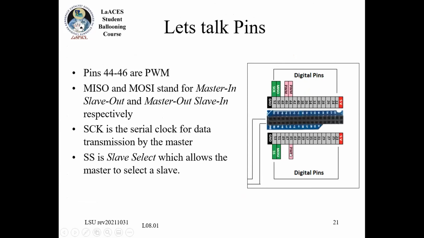You have 3 more pulse width modulation pins. This is the one on what I would call the bottom header, the thinner one. And then these 4 pins in the corner are MISO, MOSI, SCK, and either CS or SS. This is used for another type of protocol called SPI, which is the Serial Peripheral Interface.